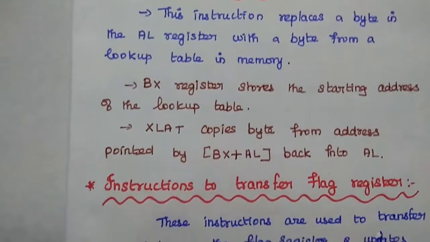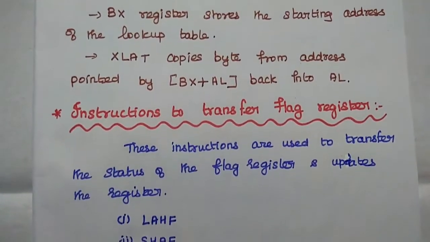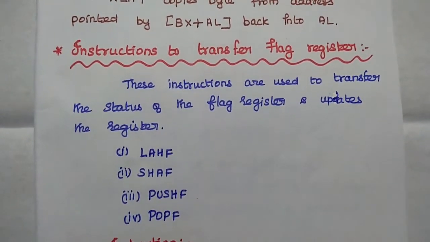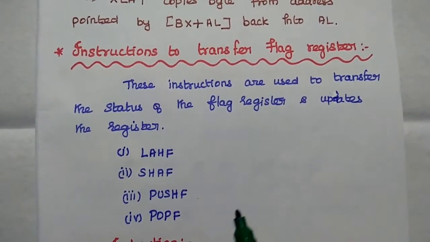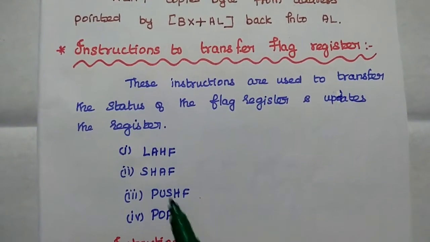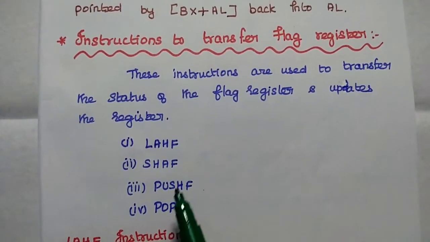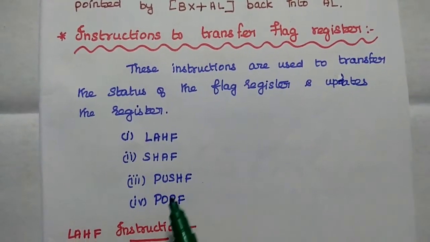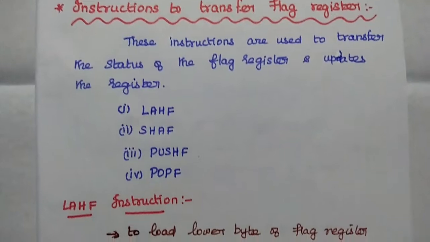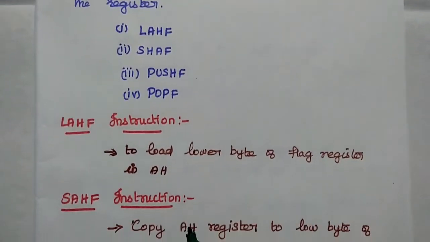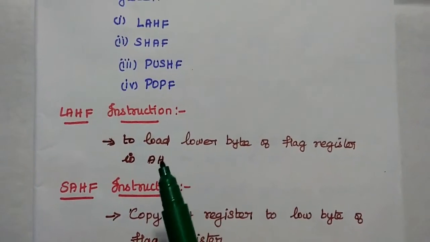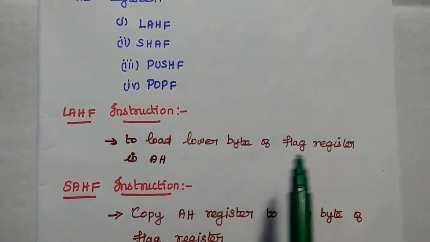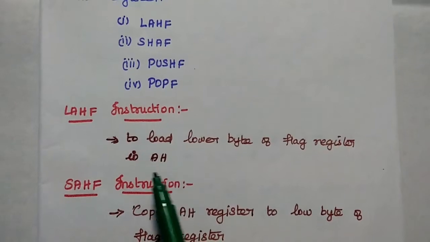The next one is instructions to transfer the flag register. If you want to transfer the status of the flag register or update the flag register, we use these instructions: LAHF, SAHF, PUSHF, POPF. Let's discuss them one by one. The first is LAHF. This instruction loads the lower byte of the flag register into the AH register.